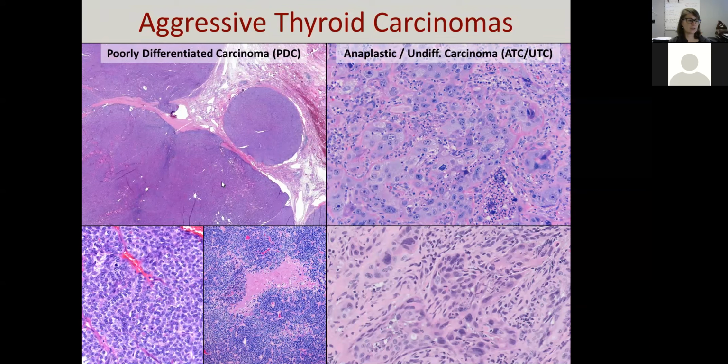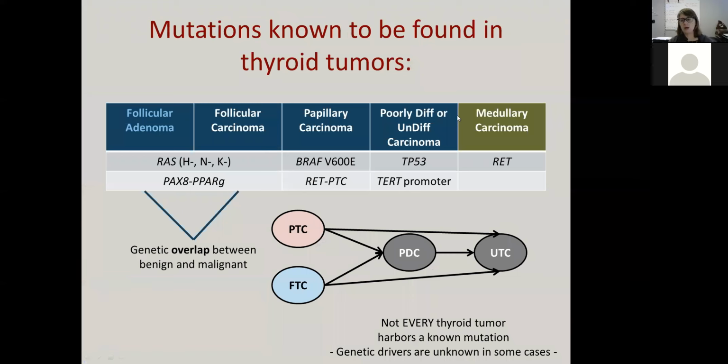On the left, the poorly differentiated becomes solid with mitoses and necrosis. On the right, the anaplastic no longer resembles thyroid, as I said. It can be very plump and epithelioid and pleomorphic. It can be spindled. It can be even resembling squamous cell carcinoma. Very bad prognosis, as you know. Does anybody have questions before I move on?